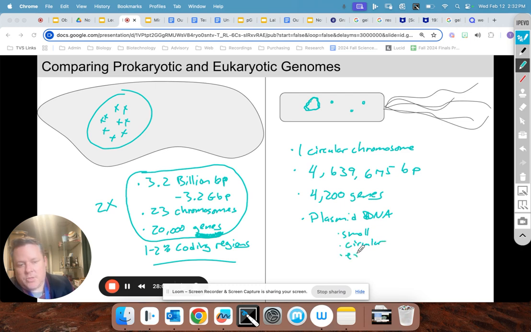It is extrachromosomal, and it is non-essential. So that means a couple of things. That means there's a lot you can do with it. Like, we can use it in the lab. It's so small it doesn't fracture and tear when you're trying to pipette. There's a ton we can do with plasmid DNA, and that's what we're going to do.